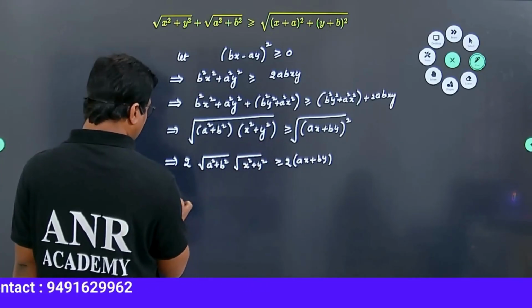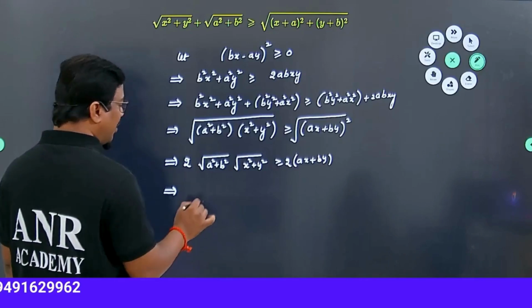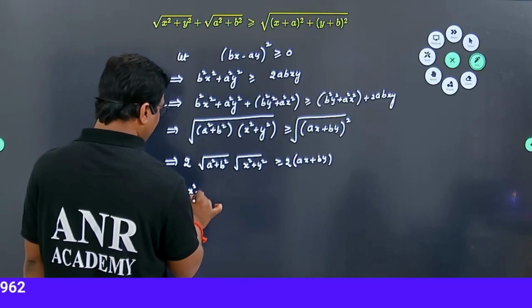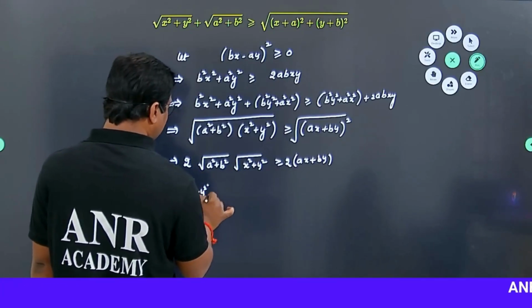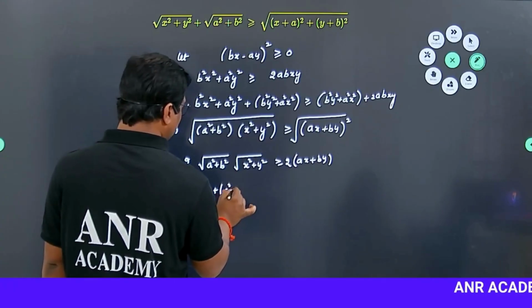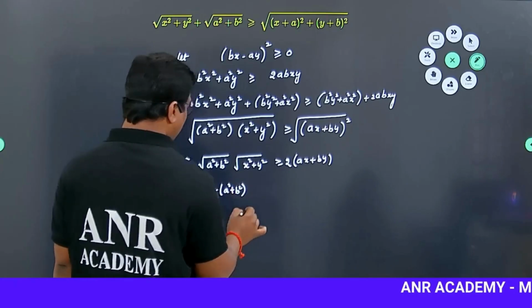In the next step, what I am doing, observe, on both the sides I write x square plus y square plus a square plus b square.